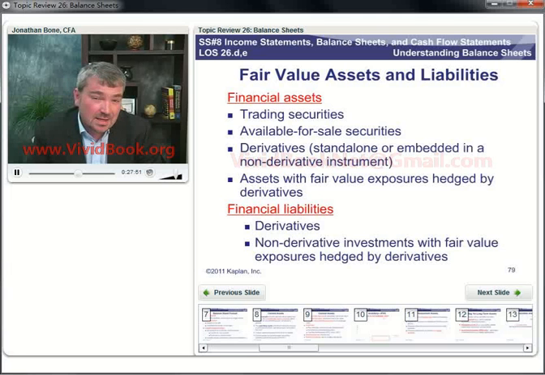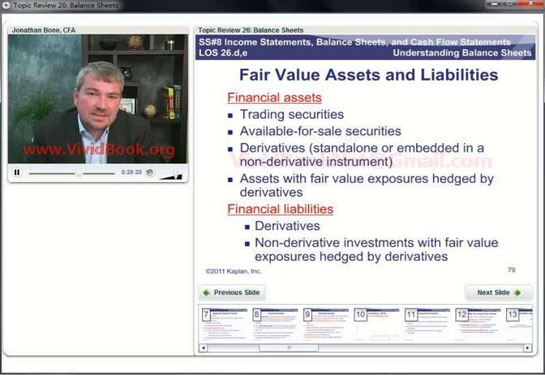Derivatives are also going to be held at fair value if they're either standalone derivatives or they're used essentially for hedging purposes. Now, if you're going to record a derivative at fair value, it makes sense, if you're holding it for hedging purposes, that the asset or liability that you've hedged is also held at fair value, because the gains and losses on the derivative are meant to offset the gains and losses on the hedged asset or liability.